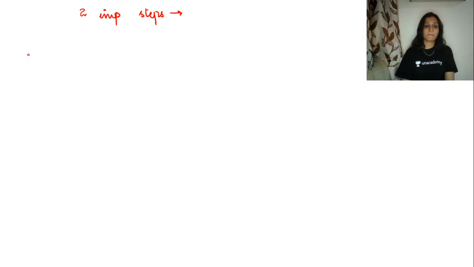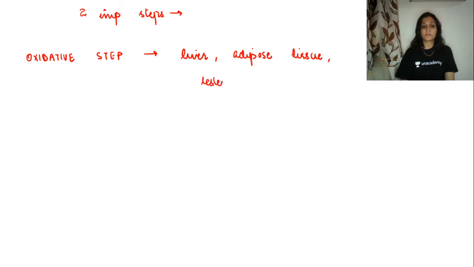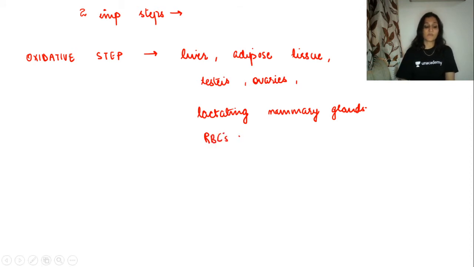First is the oxidative step, and this oxidative step occurs in the liver, adipose tissue, testes and ovary, the lactating mammary gland, and the RBC. So this is about the oxidative step.